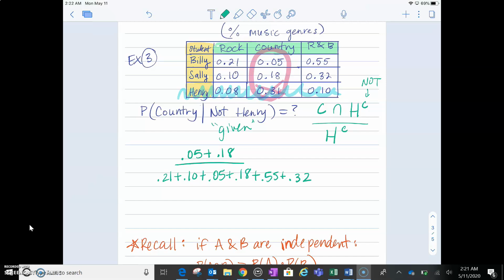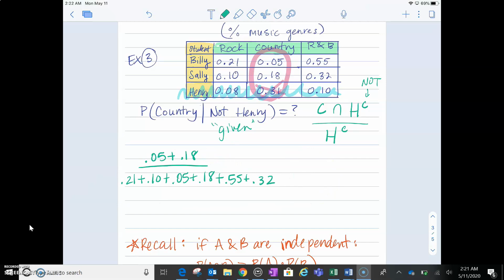All right, so let's add. 0.05 plus 0.18 is 0.23 on the top.